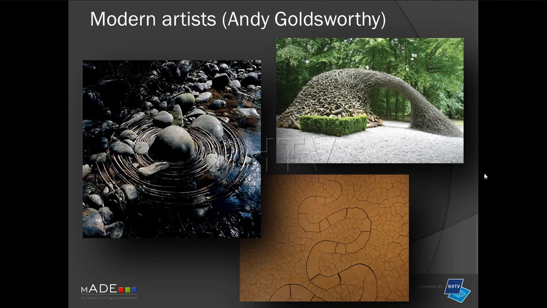For example, this guy, Andy Goldsworthy, if you're interested in creating bizarre worlds or magical worlds for fantasy games or something like this, this guy is creating landscape sculptures from all kinds of natural elements.